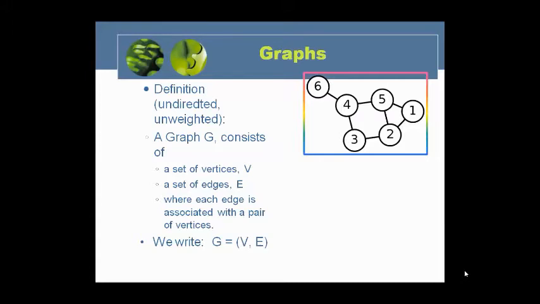Usually we write G equals (V, E). As a labeled simple graph, we have vertex set V equal to 1, 2, 3, 4, 5, and 6.